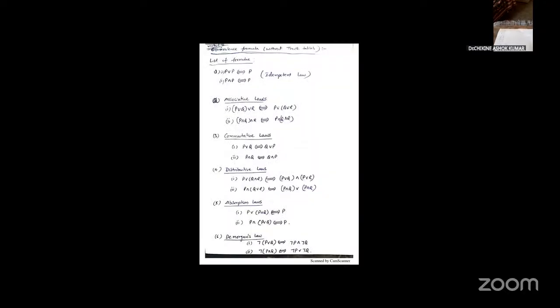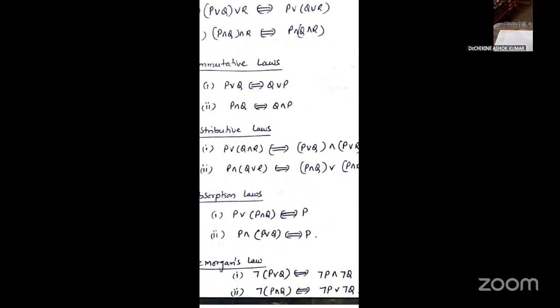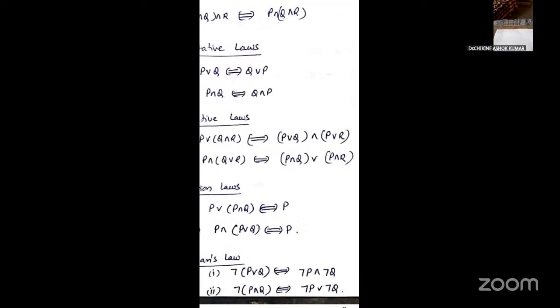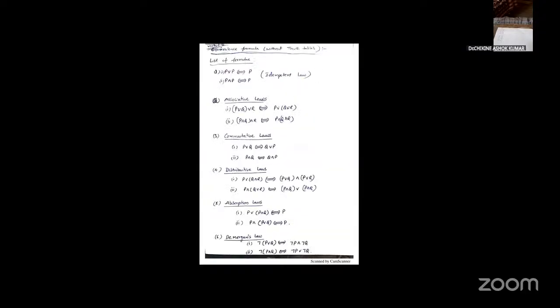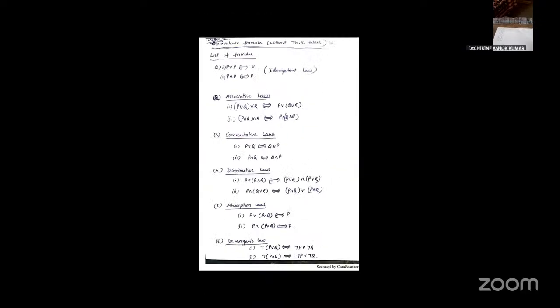P union Q intersection R equals P union Q intersection P union R, or P intersection Q union R equals P intersection Q union P intersection R. So in the question we got the right side quantity, P union Q intersection P union R. Write this in terms of P union of Q intersection R. So I am using the first distributive formula.